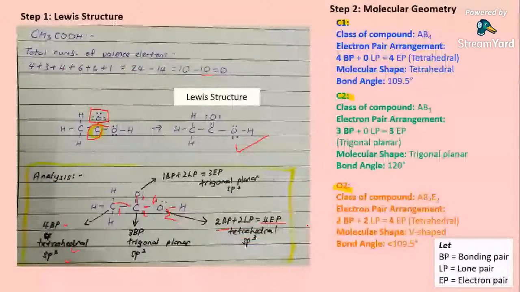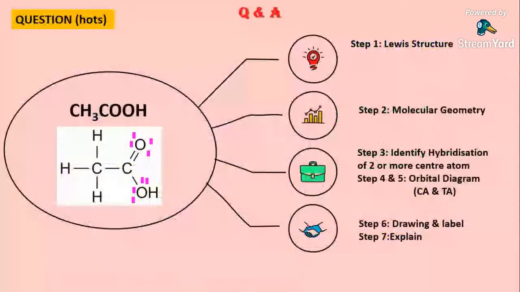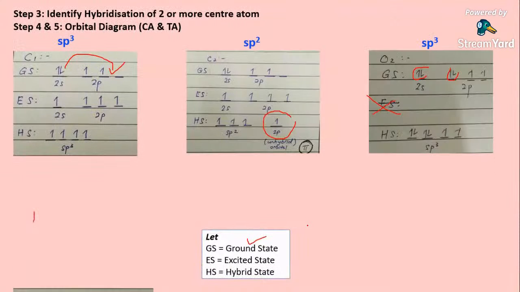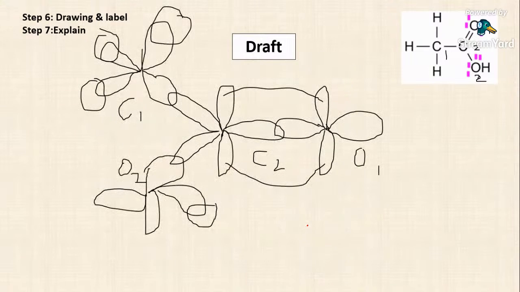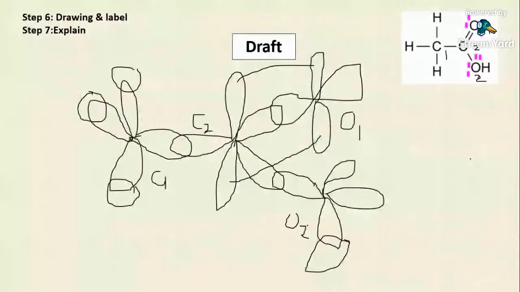Based on this diagram, how are you going to draw the hybridization state? Have a look up. This is sample 1. This one is sample 2. Check sample 1 first.